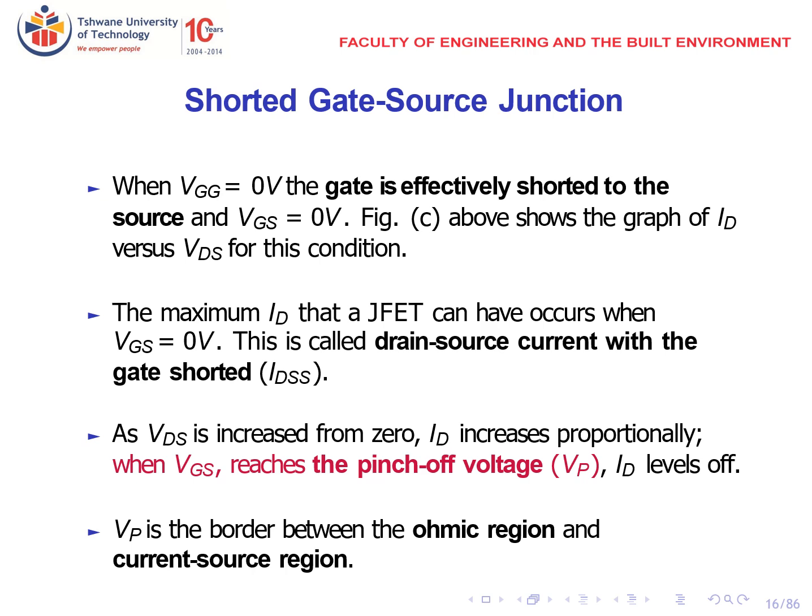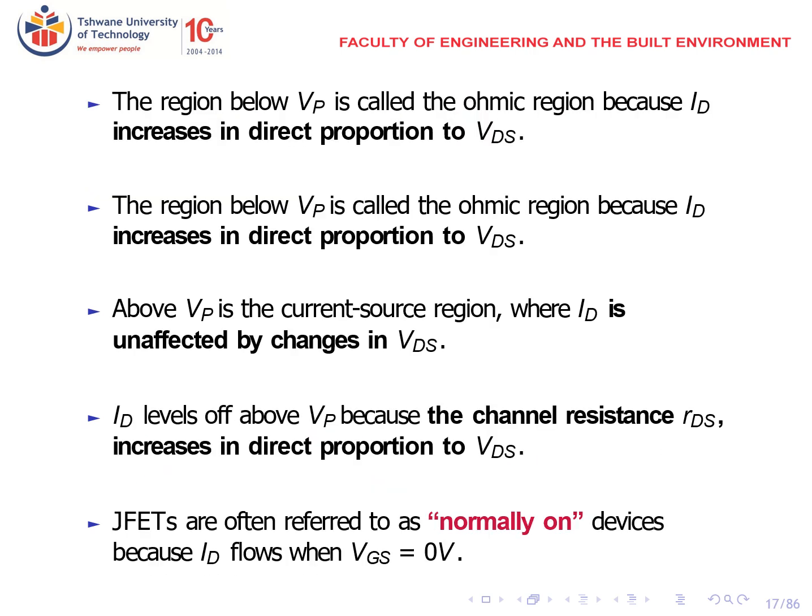This is shown in figure A. The region below VP is called the ohmic region because ID increases in direct proportion to VDS. The region above VP is the current source region where ID is unaffected by changes in VDS.